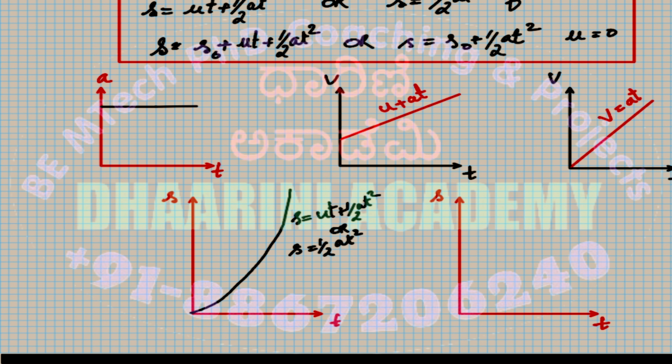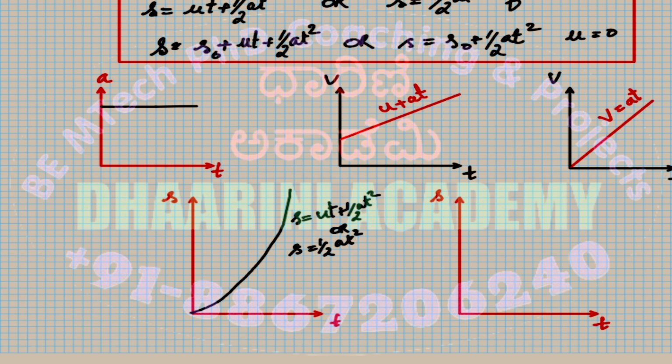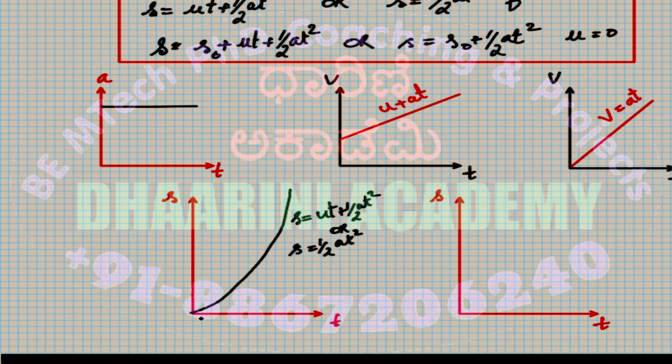Then how to differentiate whether there is u or not? That can be identified by the initial slope. So this is the initial slope, which gives you an idea of the initial velocity.